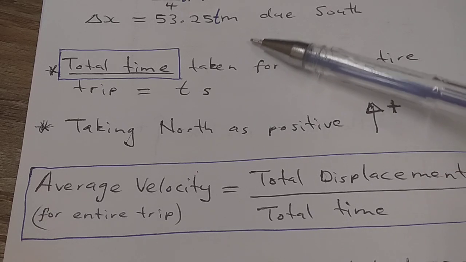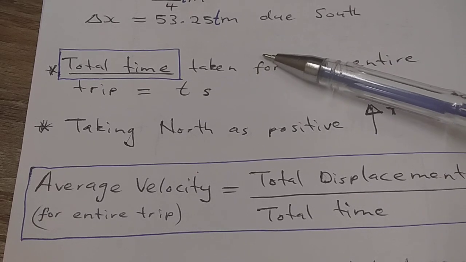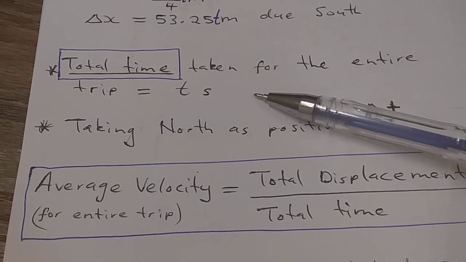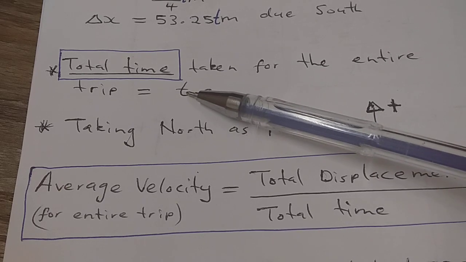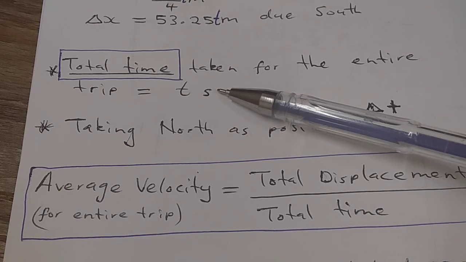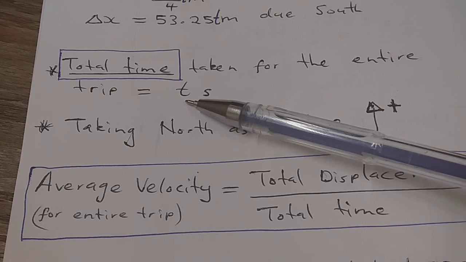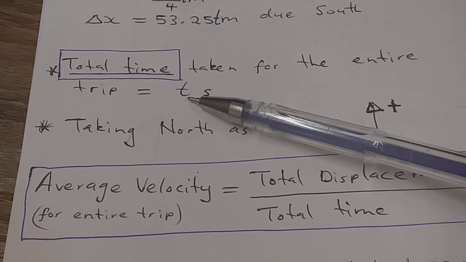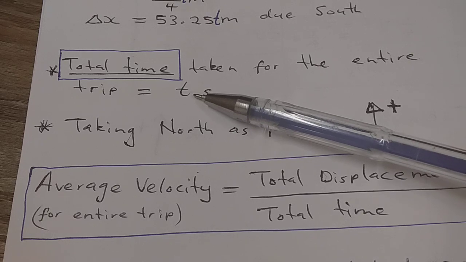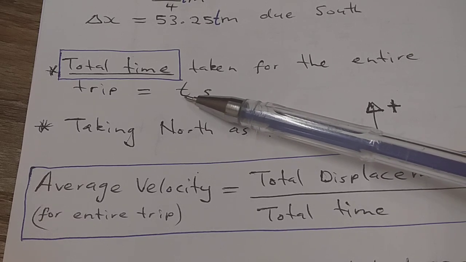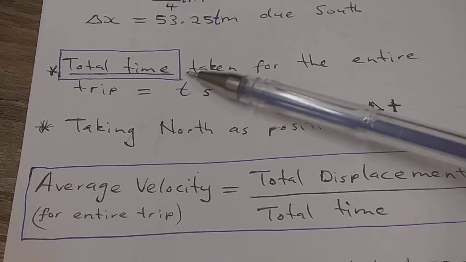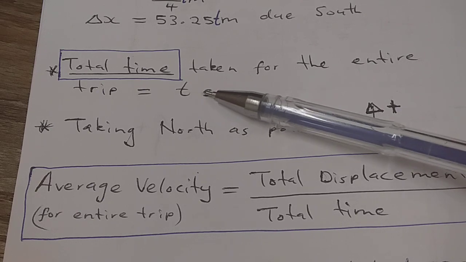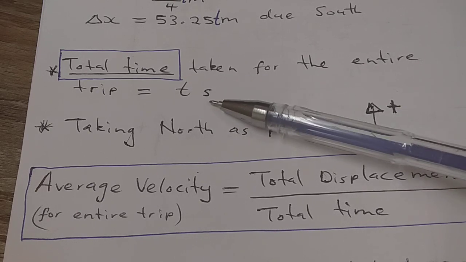So if you add 1/4 and 3/4, you are going to get 4/4, which is just t. 4/4 of t is still t seconds. So this is t, the total time, which is a number, and this is a unit, seconds.